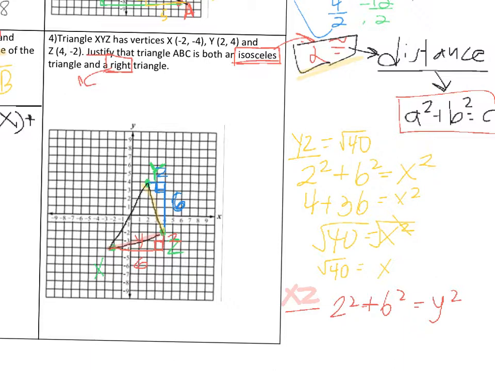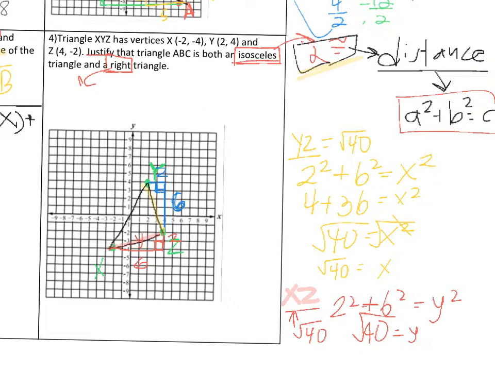If you simplify this new equation on the left side, you will get 40 equals y squared, and to eliminate that exponent we do the square root on both sides, which means that the exponent cancels out and we're left with y equals the square root of 40. So that means that the side xz also has a distance of radical 40.